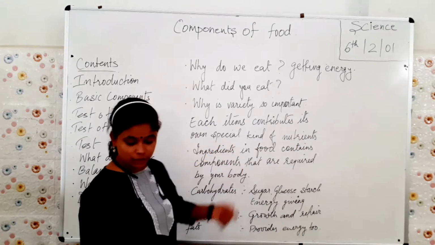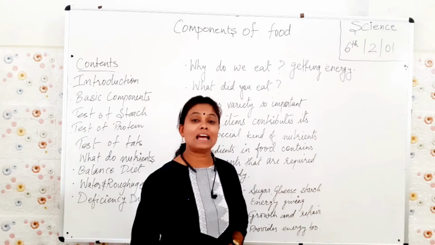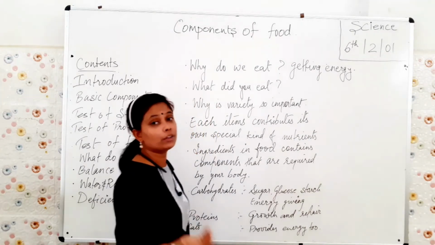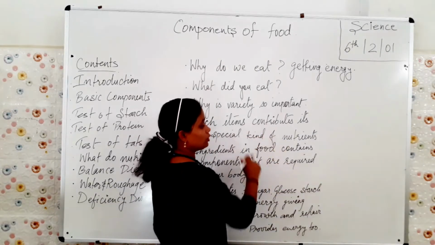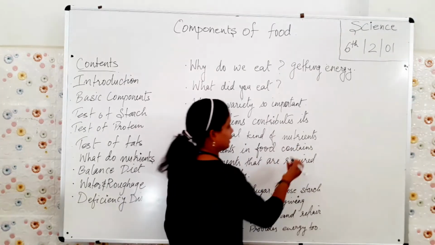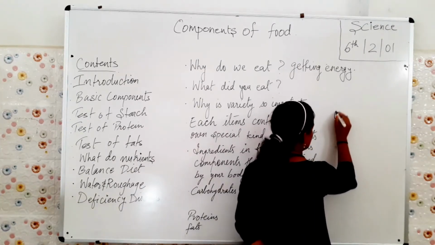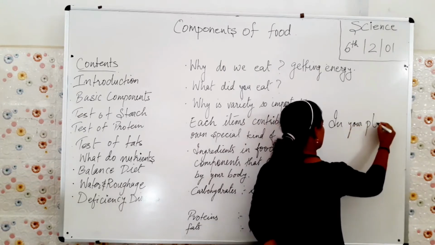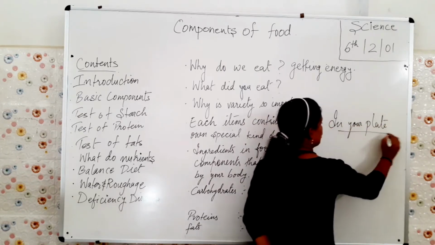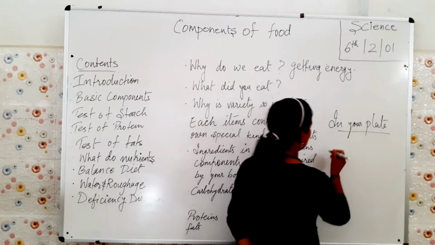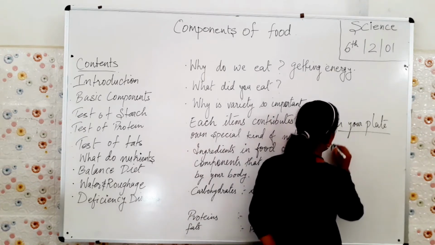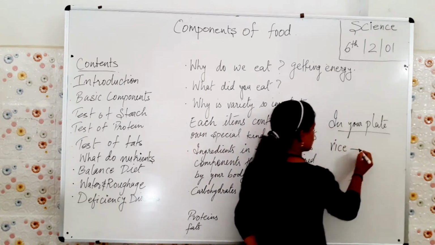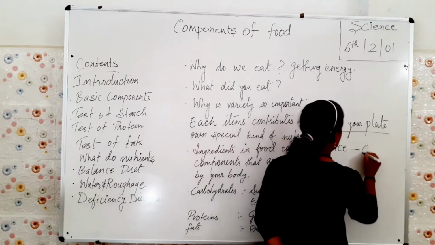The item which your plate has, it has its own nutrient. As we talked about the chips in your plate, suppose you have taken rice. So from rice you will be getting carbohydrates.